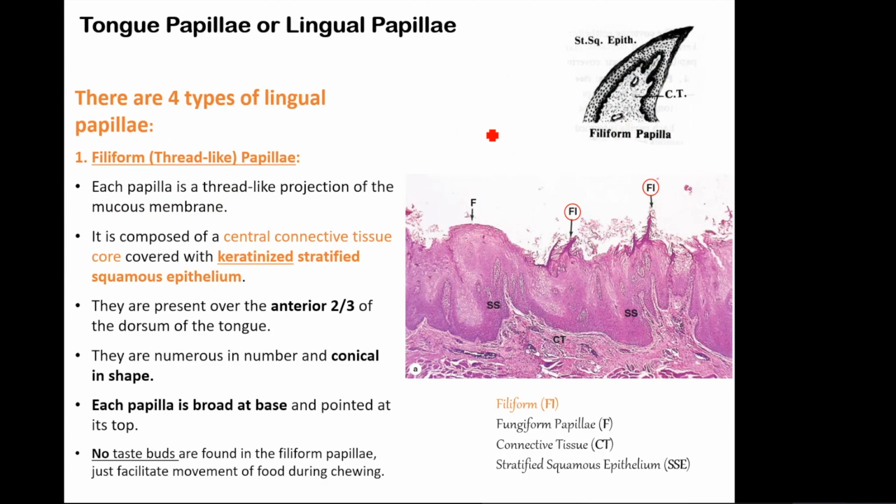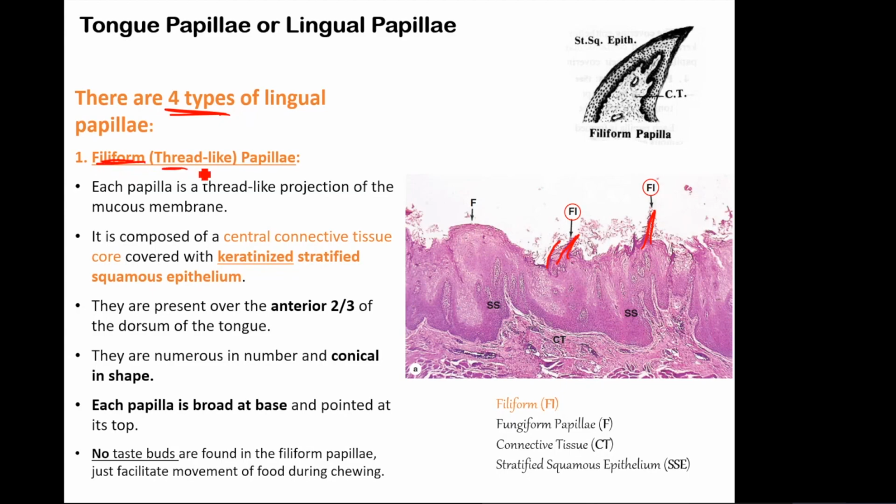Now, how many types of these lingual papillae do we have, and what is their function? Yes, we have 4 types of these papillae. The first one is really numerous and distributed across the anterior 2/3 of your tongue. Look at it here. It's like a thread. It's the filiform papillae.